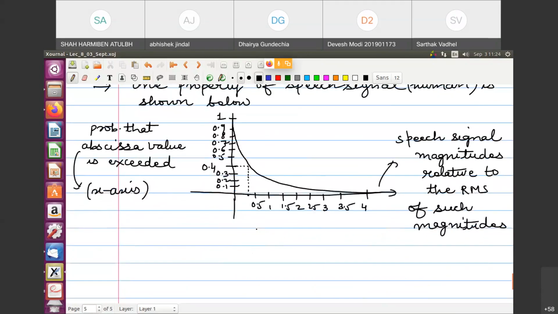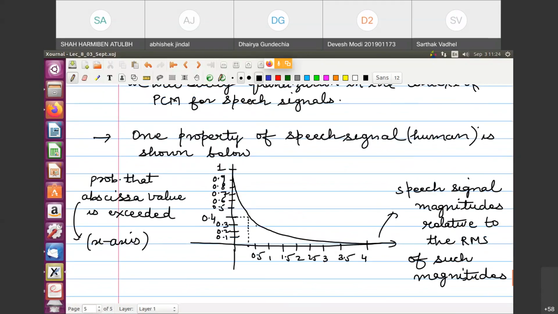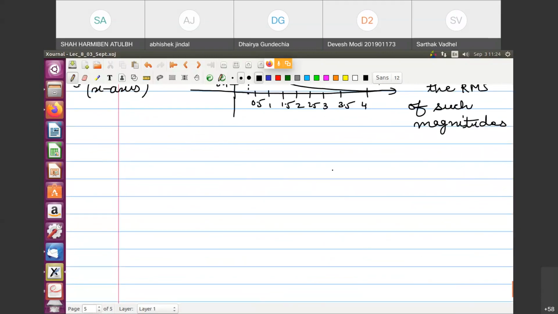Okay, low value. So if most of the time it is low value, and you are assuming that the maximum value is 1000 and the minimum value is 1, and you are using uniform quantization, let me show it. Suppose we have a message signal whose minimum value is 1 and maximum value is 1000. In order to accommodate this, you divide it into equal values.